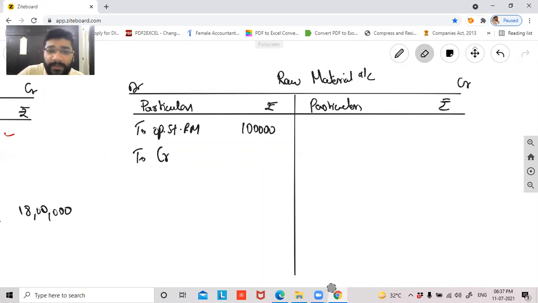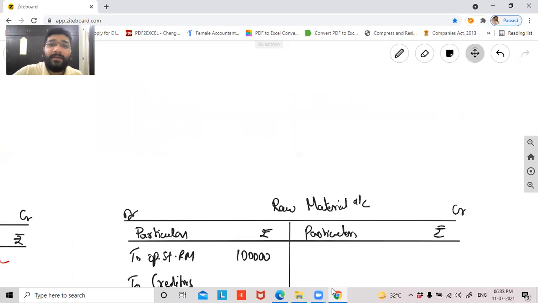What does creditors account represent here, guys? Yes, raw material, debit side. If I have to give you a view of what raw material account is, tell me, guys, in the trading account, what do we prepare?